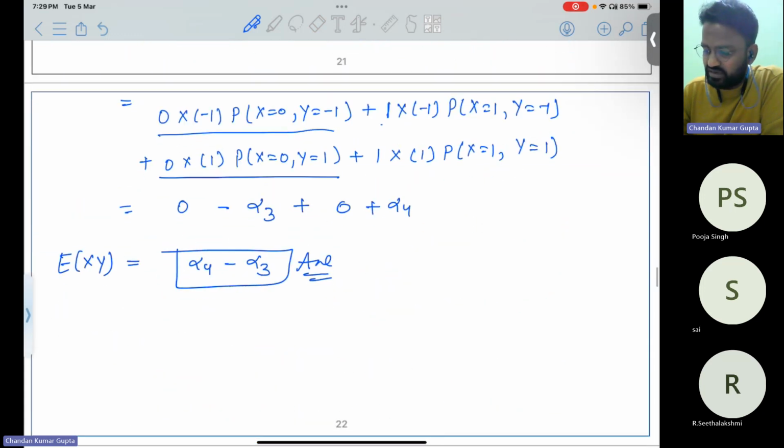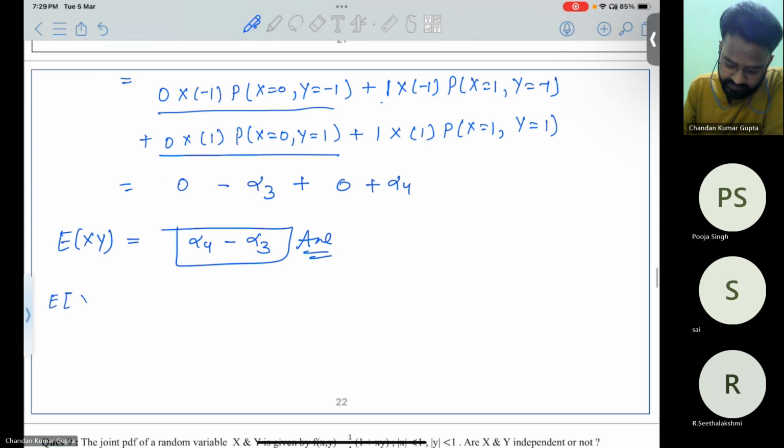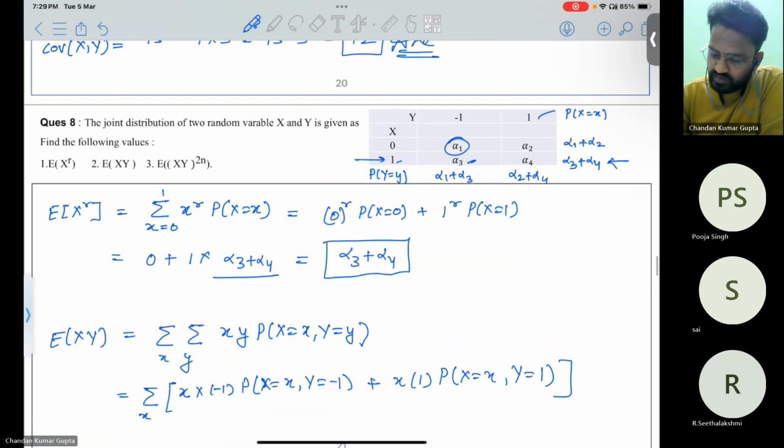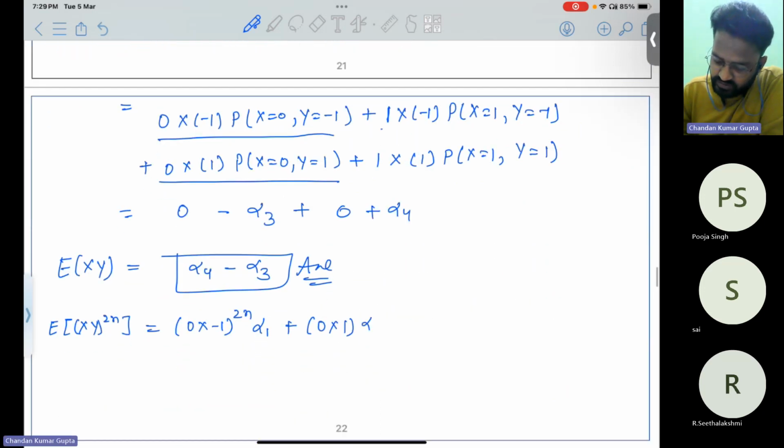Again, 0 times -1 to the power 2n, with the probability that X is 0, Y is -1 being alpha 1, plus 0 times 1 to the power 2n with alpha 2, plus 1 times -1 to the power 2n times alpha 3, and then 1 times 1 to the power 2n times alpha 4.